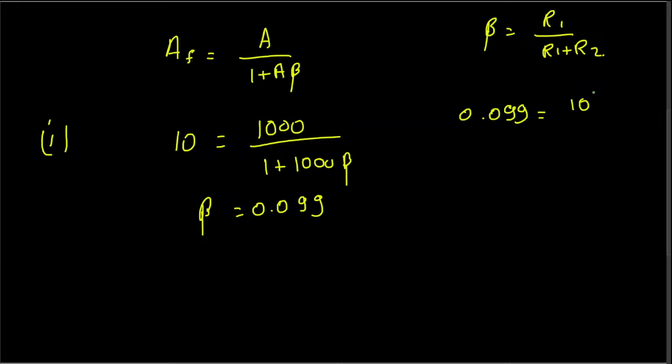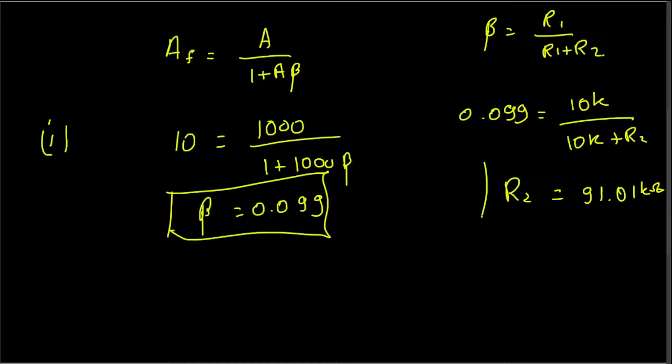So this is 10k divided by 10k plus R2, and if you rearrange and solve for R2, we will end up getting R2 to be 91.01 kilo ohm resistance. Okay, so this is for the first part. In the first part we calculated beta and R2, but R2 is the main thing, and we did it right here. And let's look at part 2 of it.